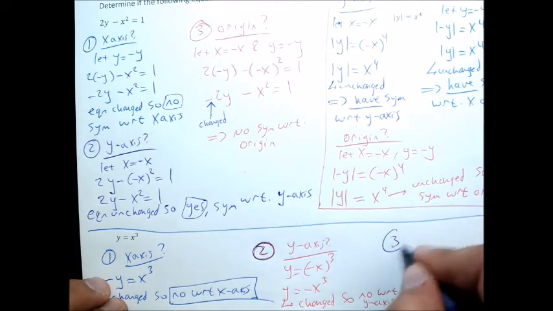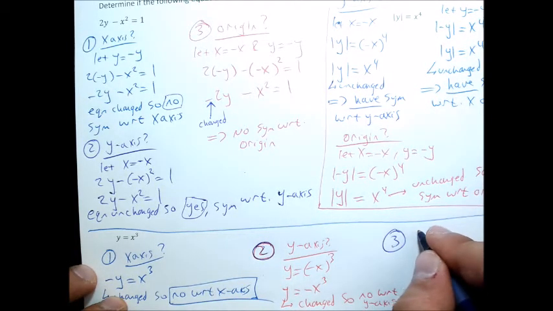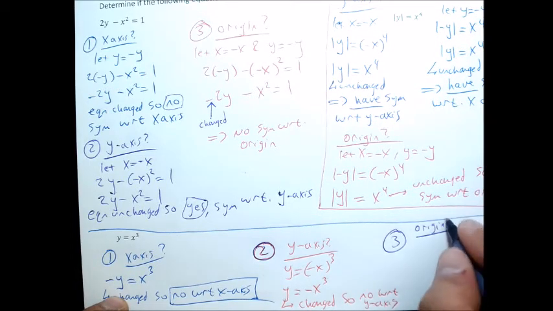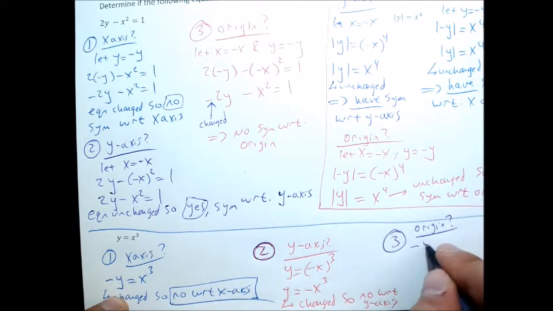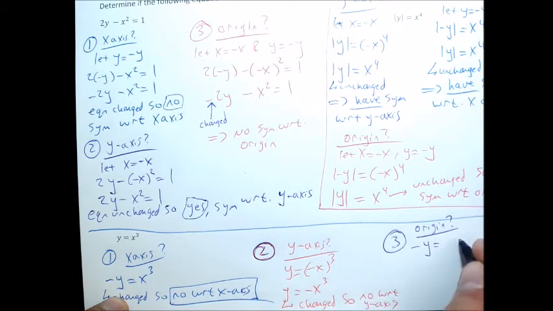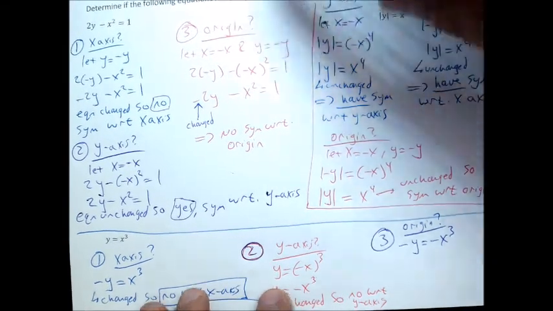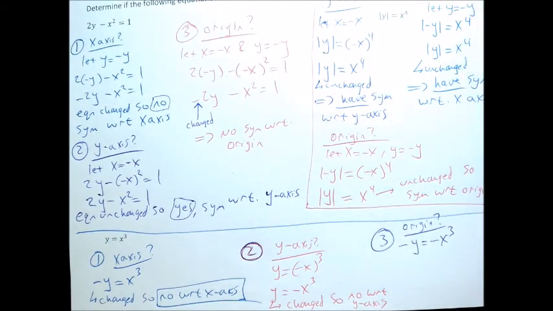And the origin is a little bit tricky. This is the one that you want to be a little careful about. So the origin, we do both. So we end up with minus y equals minus x cubed. And I know that looks like it changed because now they both have negative signs. But if we multiply both sides of the equation by the same number, it stays the same.